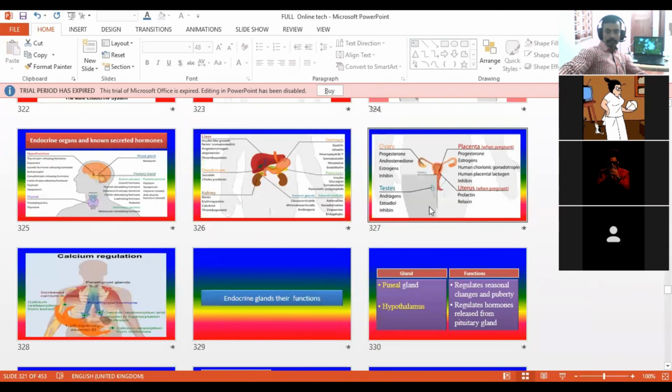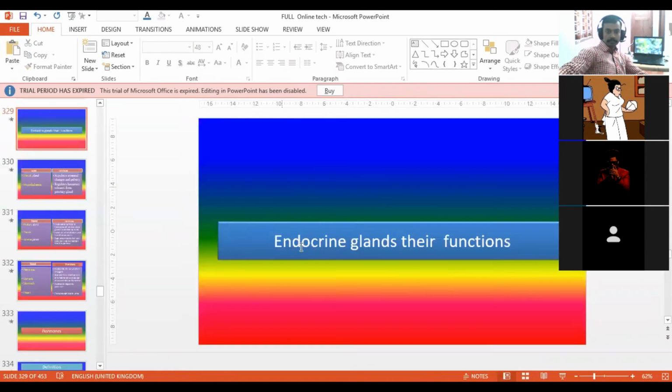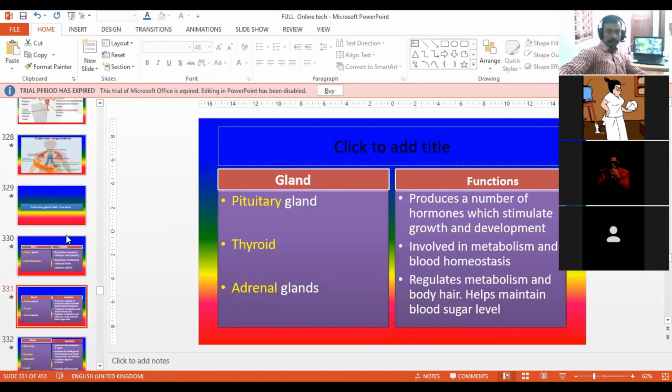This helps us better understand their functions, the functional studies of each gland and their functions, mainly how they control behaviors, and what types of hormones are secreted, etc.